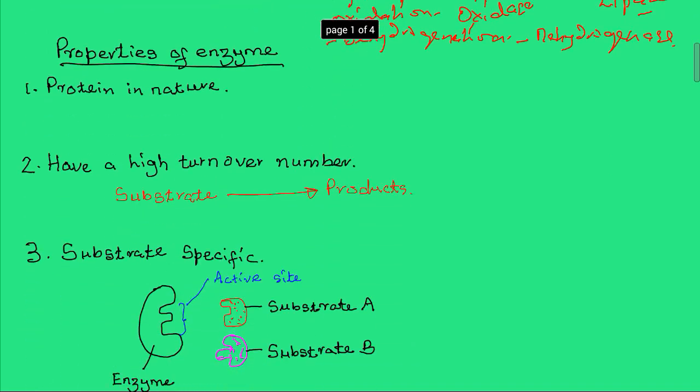Now next look at the properties of enzymes. Now enzymes are protein in nature. Being protein in nature therefore means that they are affected by temperature.